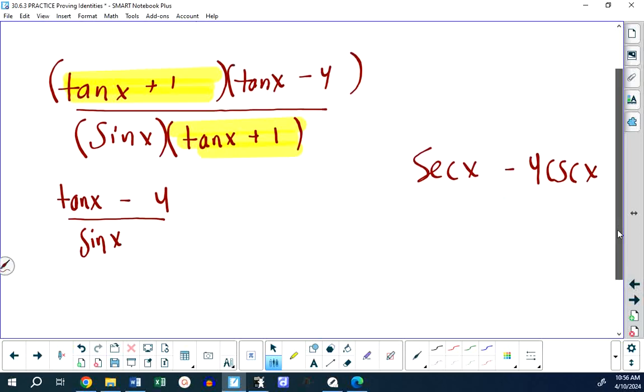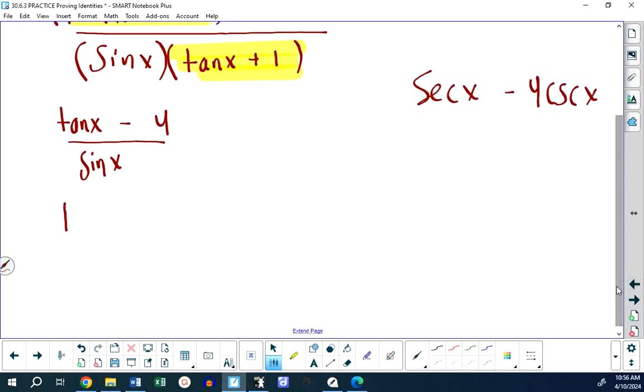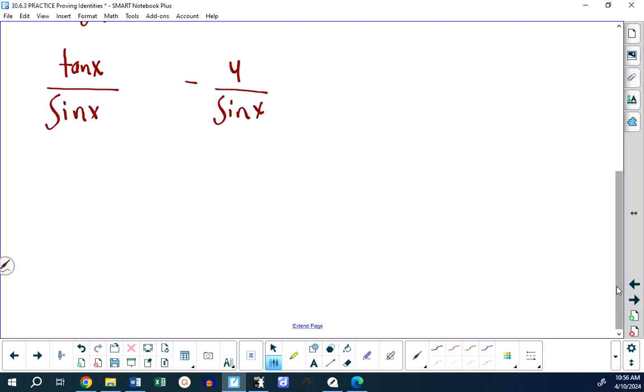Now, what we can do here, Ashley, is write this as tangent of x over sine of x -4 over sine of x. Four over sine of x is 4 cosecant of x. And if we explore tan of x over sine of x, we can write tangent of x as sine of x over cosine of x, and this is over sine of x.